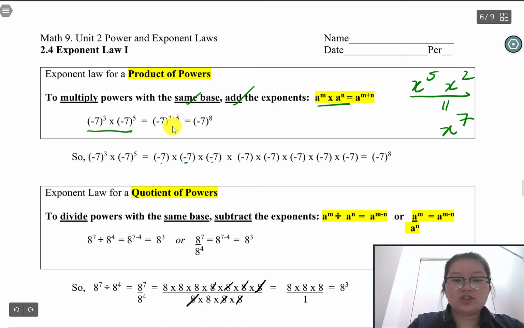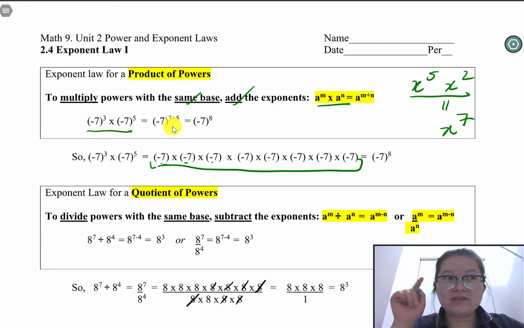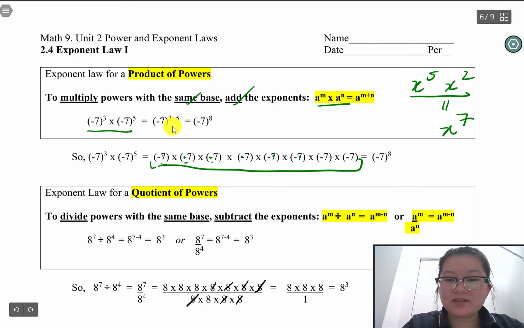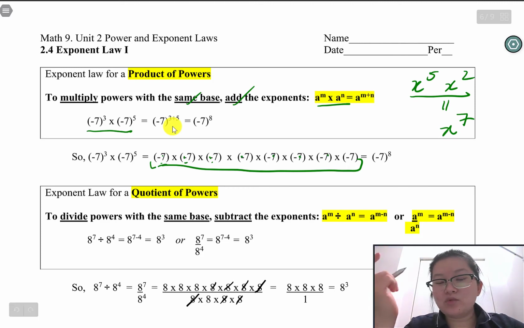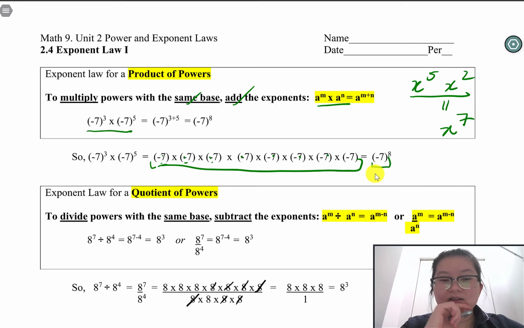But if I could just combine everything together, couldn't I just count the number of -7s I have and say that's my new exponent? I have 1, 2, 3, 4, 5, 6, 7, 8. And of course there would be 8 -7s because those are the numbers dictated by the exponents in the previous multiplication sentence. So my new way of expressing all this is -7 as the base to the power of 8. So this is why the product of powers works.